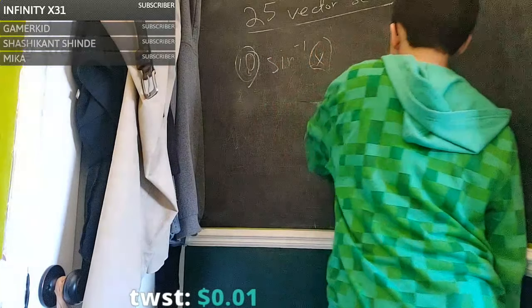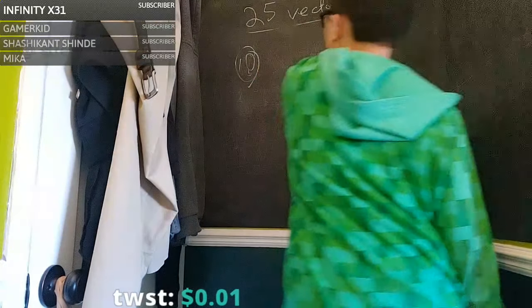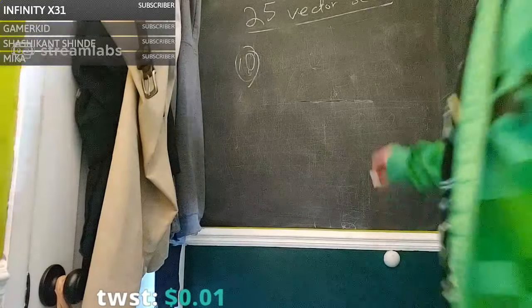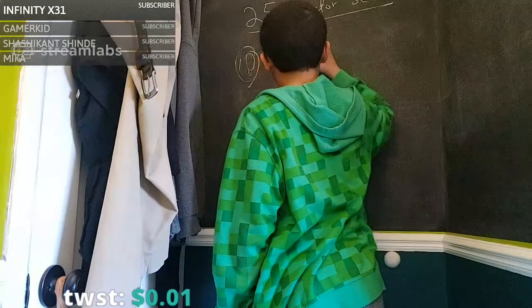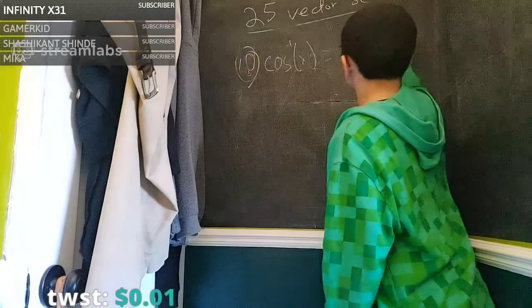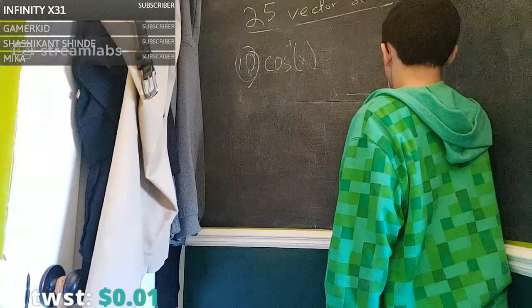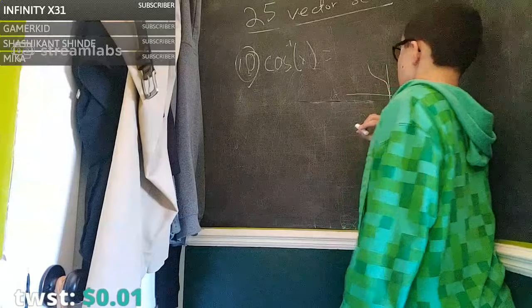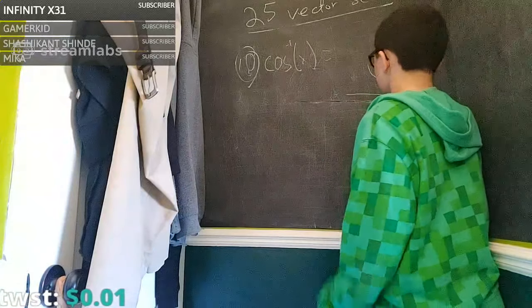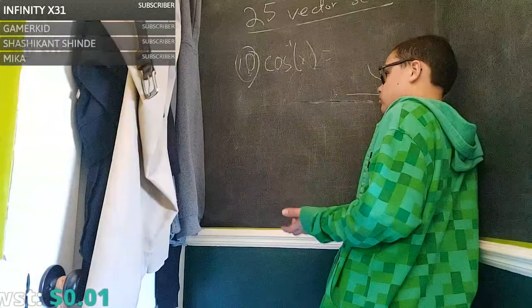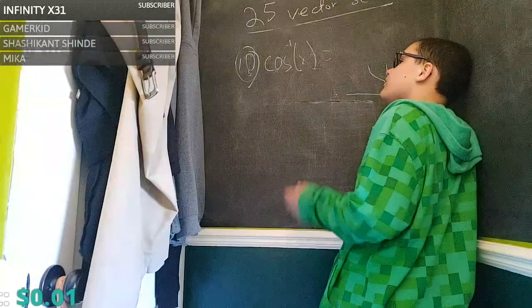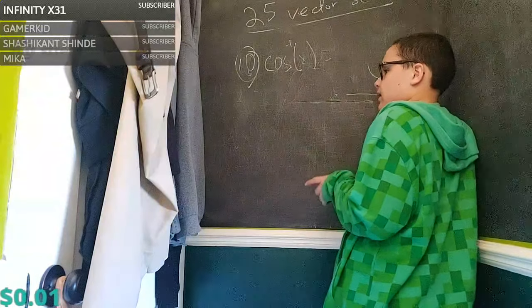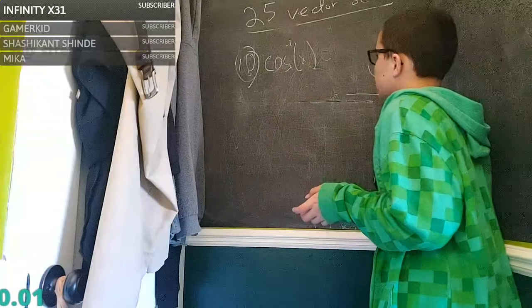You know what, for fun, let's just do arc cosine already. The graph looks like this, I think. So, it's going to be pi over 2x minus pi over 2 plus 1.